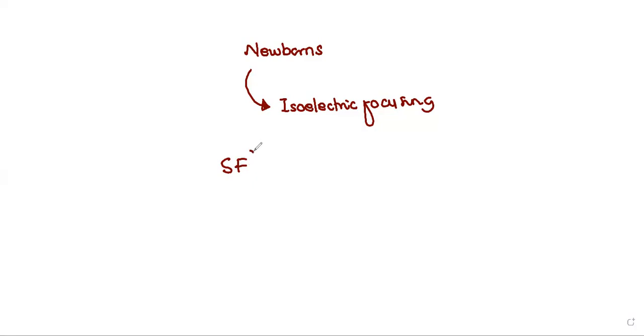Newborns before 6 months have fetal hemoglobin, so you will not see it so much. So any baby whose isoelectric focusing for determining genotype shows SF is likely to be a sickle cell anemic patient. He's likely to be SS. I'm repeating, any baby whose isoelectric focusing shows SF is likely to have sickle cell anemia in future.